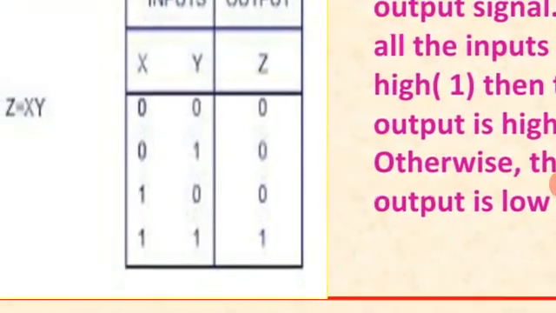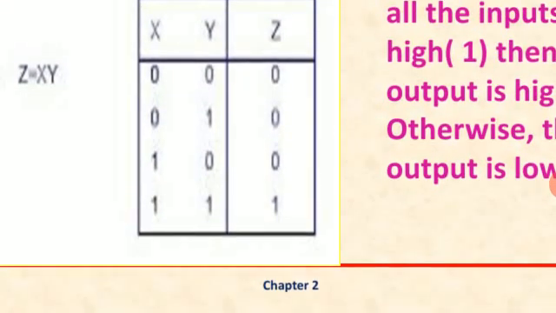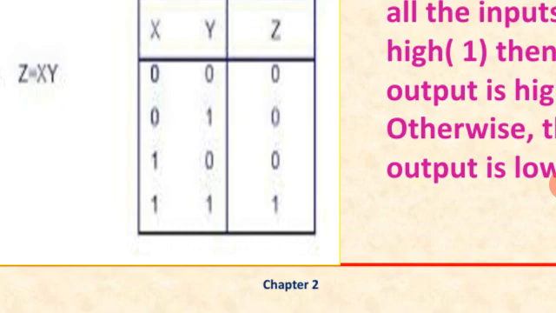See, consider this truth table. We have here 2 inputs, X and Y, and Z represents our output value. In the first case, suppose X value is 0, Y value is 0, that means both values are low, then output is automatically low.